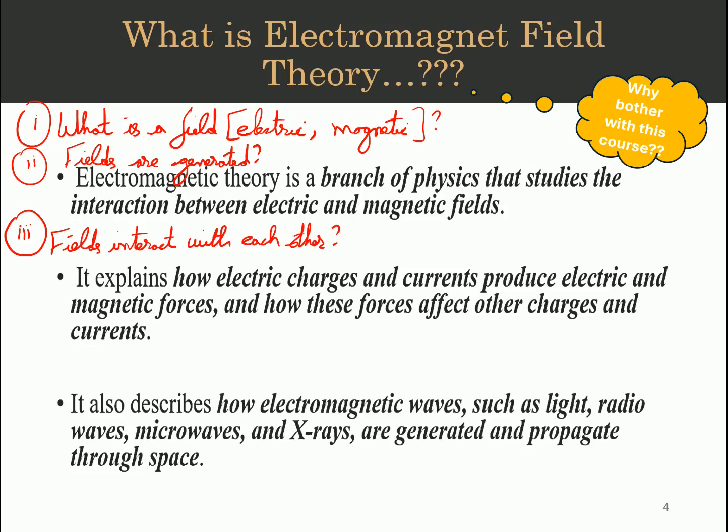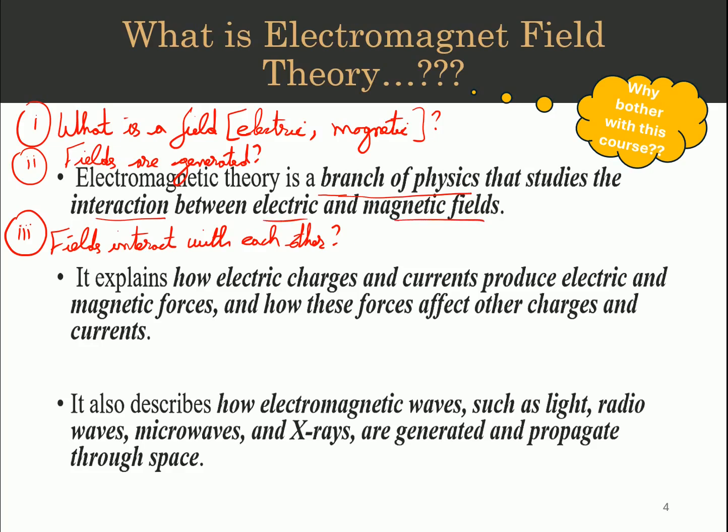So let us look into the basic definitions of electromagnetic field theory. As I mentioned, most of the engineering courses are derived from mathematics and physics. So this course of electromagnetic field theory is basically derived as a branch of physics where we study the interaction between electric and magnetic fields.